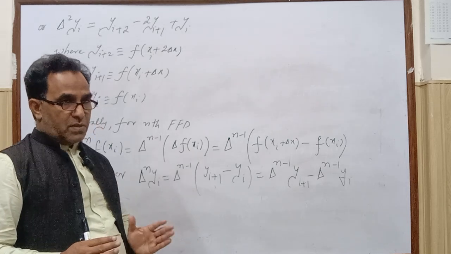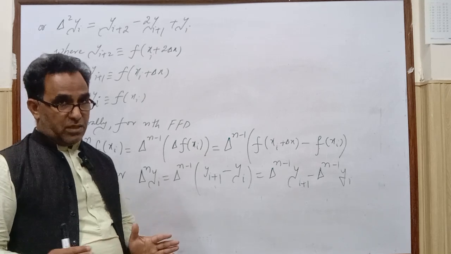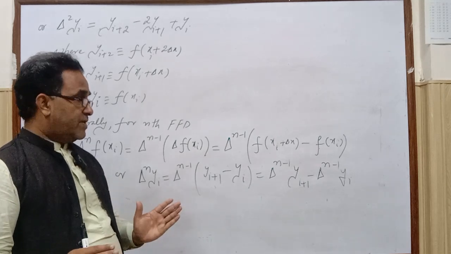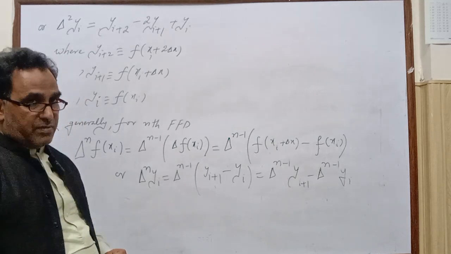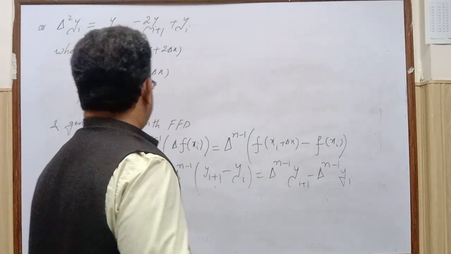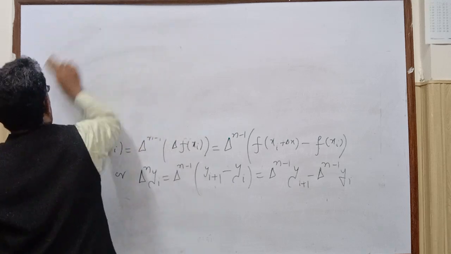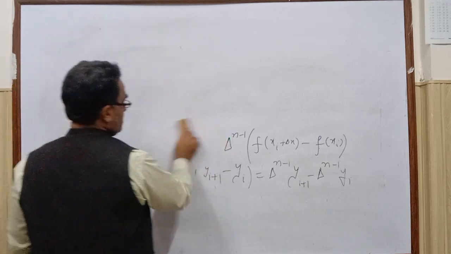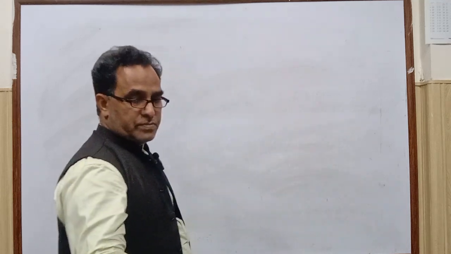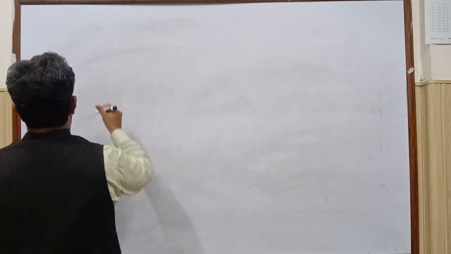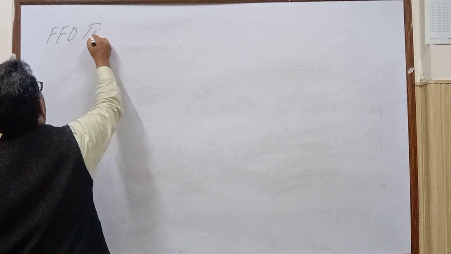So different forward finite differences of different levels can be readily obtained from a table which is called the FFD table, or the table of forward finite differences, and that table can be written like this. If we have the data values, we will write the above as an FFD table.